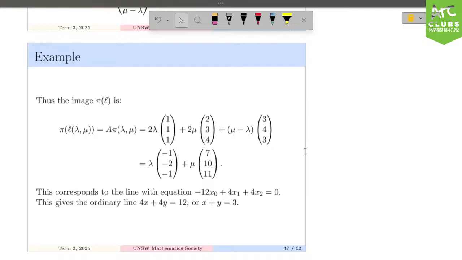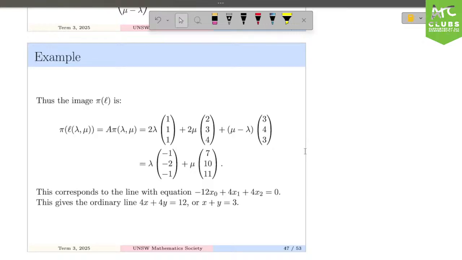So to get an ordinary line from that, you just set x0 equals 1, and so we get the ordinary line x plus y equals 3. And so we have that pi of L is the set of points such that x plus y is equal to 3.